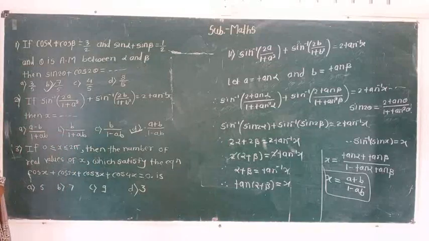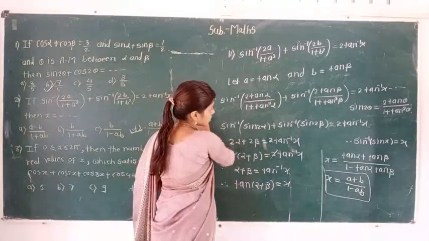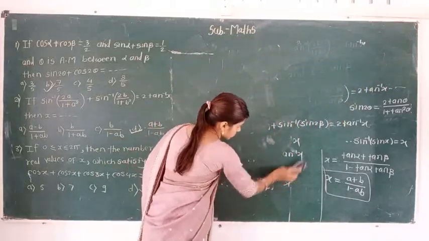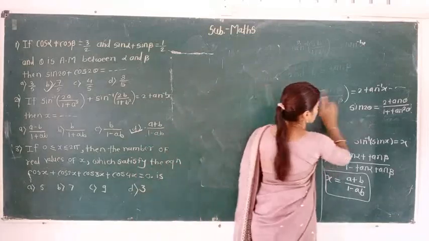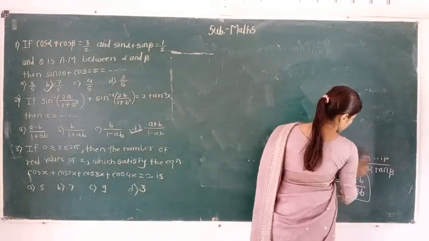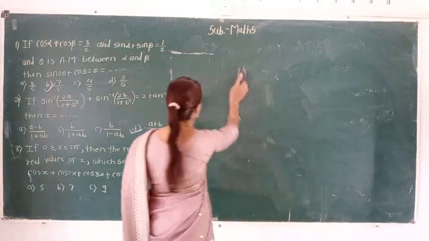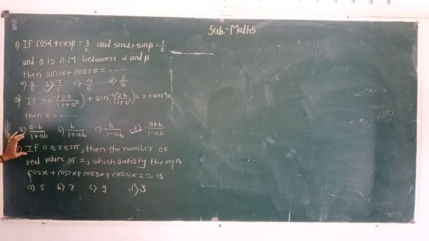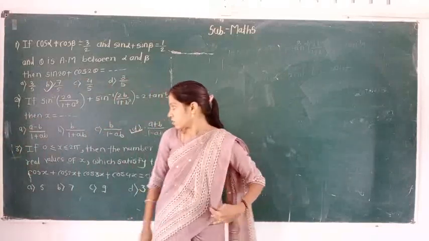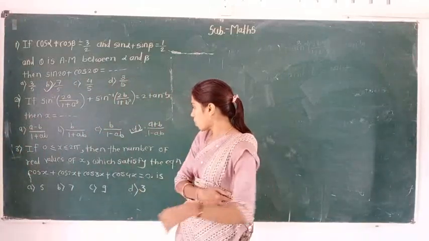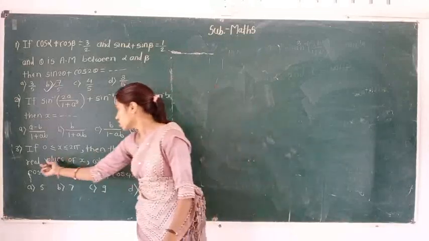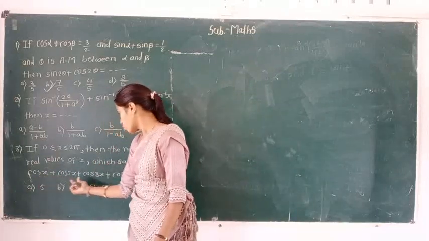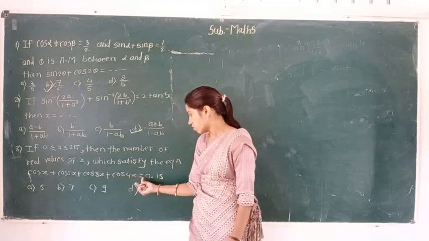Okay, now let's see the next example. If 0 is less than or equal to x less than or equal to 2 pi, then the number of real values of x which satisfy the equation cos x plus cos 2x plus cos 3x plus cos 4x is equal to 0 is.